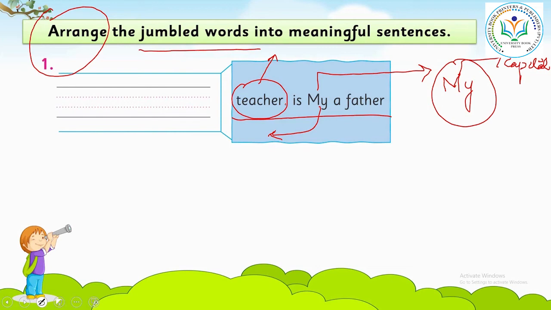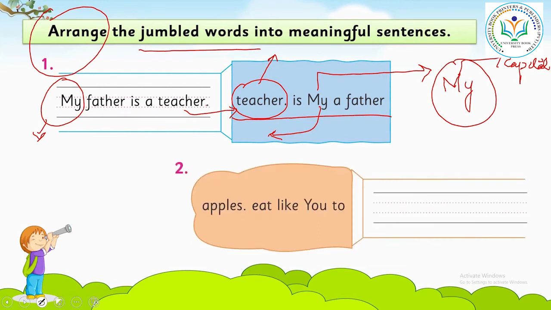So what would be the correct version of the sentence? That is, my father is a teacher. So my comes first and teacher in the last with full stop. The next sentence is apples full stop eat like you too. So which word should be at the start of the sentence?